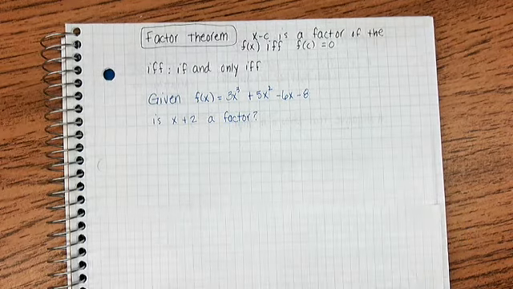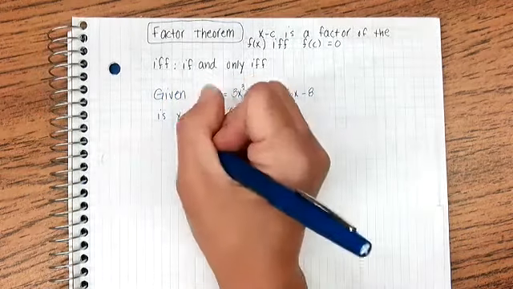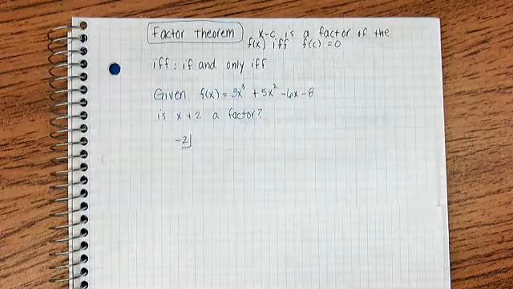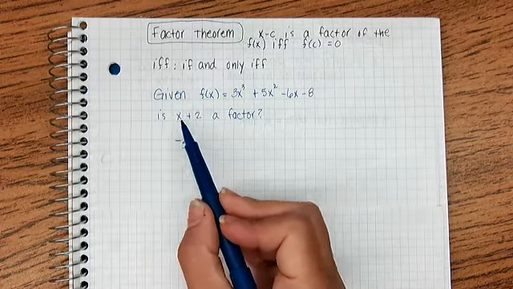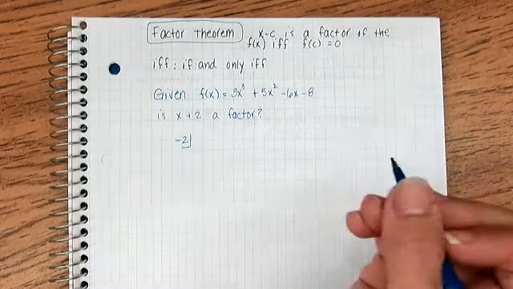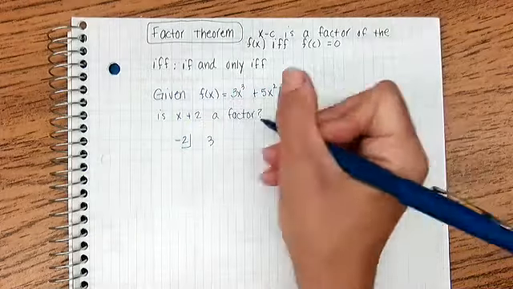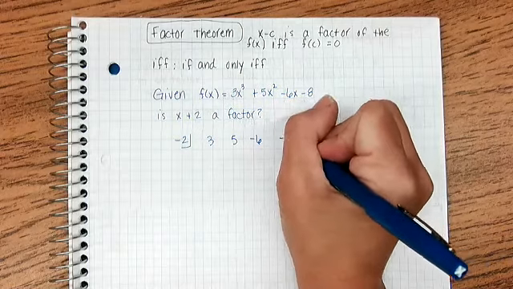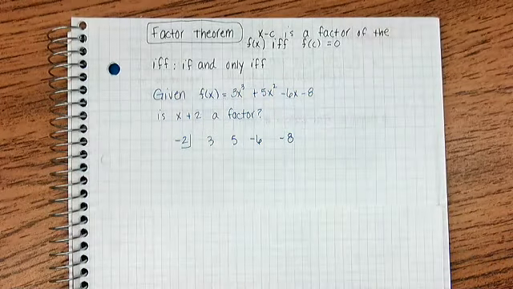I am not going to use straight plug in. I always use synthetic when possible. So I have negative 2. I'm using what number plus 2 is 0? Negative 2. Always comes down to zeros. 3, 5, negative 6, negative 8.